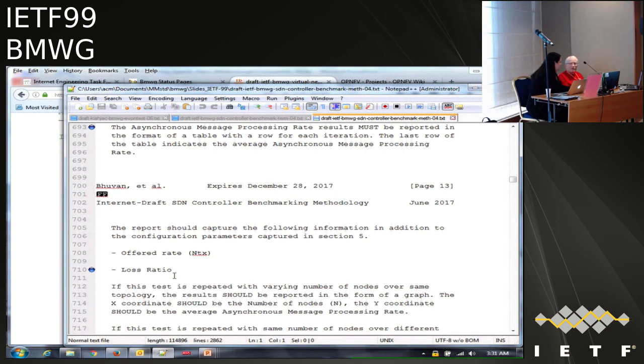And so what we've actually got here, instead of this table, which is a single table of results at each iteration of the test and then an average at the bottom, is two-dimensional data, where you can plot the asynchronous message processing rate and the loss rate result.